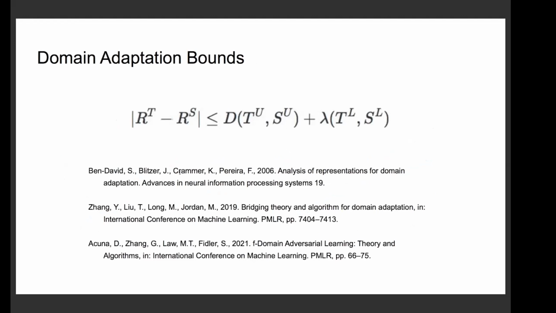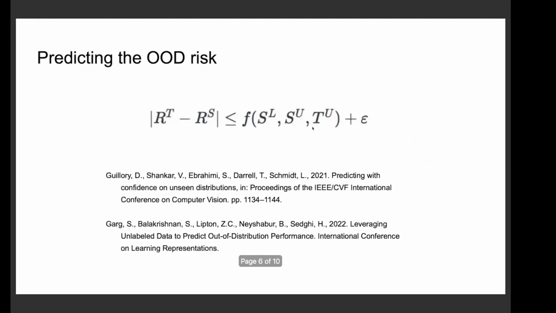It is a kind of functional that comes from domain adaptation, inspired by this distance, these results. So we use the labeled data from the target distribution, as opposed to these methods that do not use it.